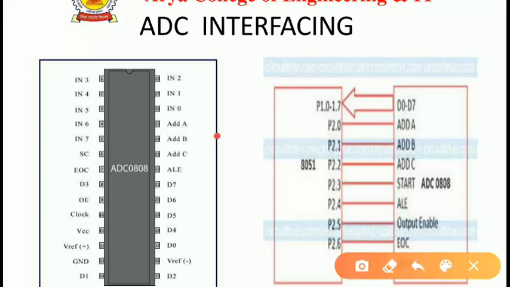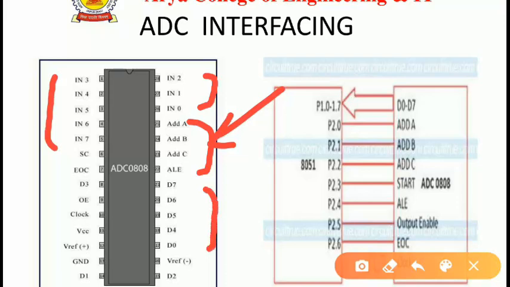In this diagram we can see the ADC, that is the analog to digital converter pins. We have input terminals, and we can see A, B and C, and different data bits D0 to D7 as shown in this figure.